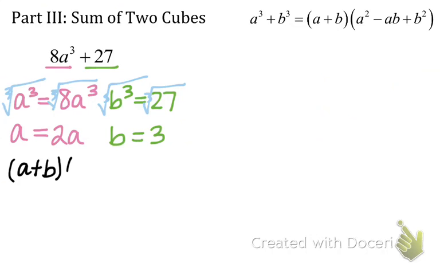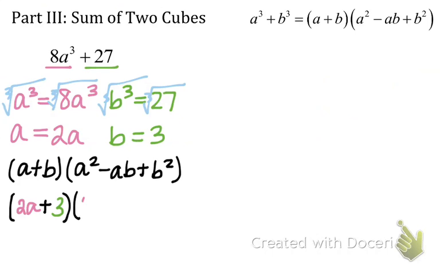Our general formula is a plus b times the quantity of a squared minus ab plus b squared. Notice that our signage has changed a little bit from the difference of two cubes problem. So now let's plug in and substitute our letters a and b. A is 2a, so we'll plug in 2a, plus b is 3, plug in 3.